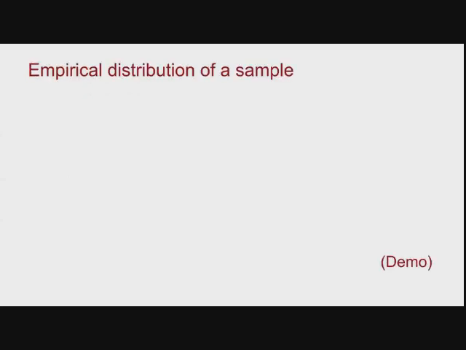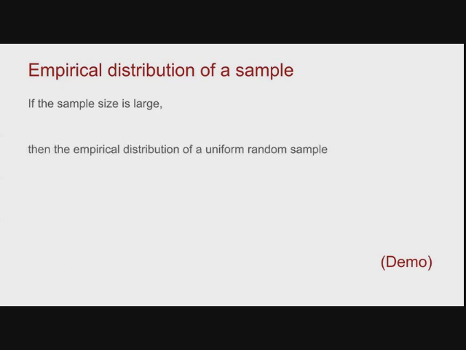So another thing to keep in mind is that, suppose you have a sample of observations. If you have a large enough sample size, then the empirical distribution of a uniform random sample resembles the distribution of the population, with high probability.